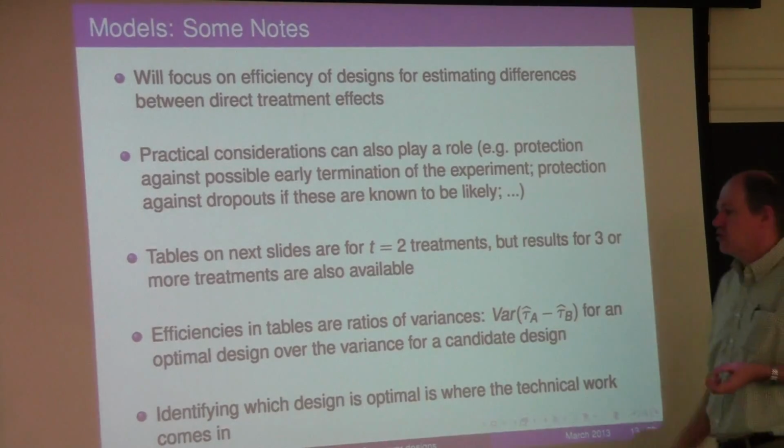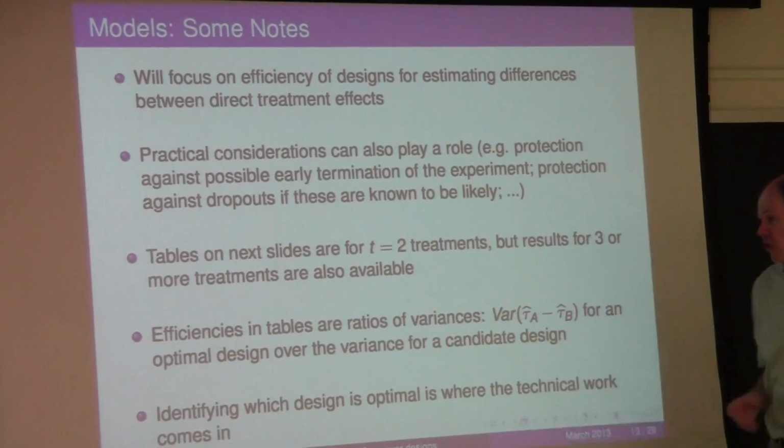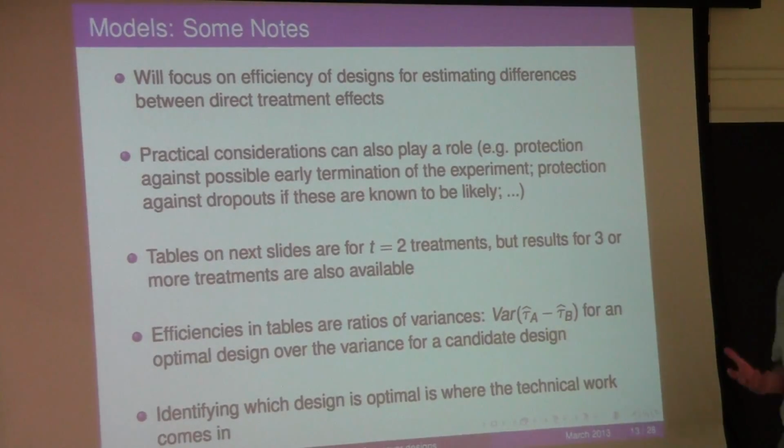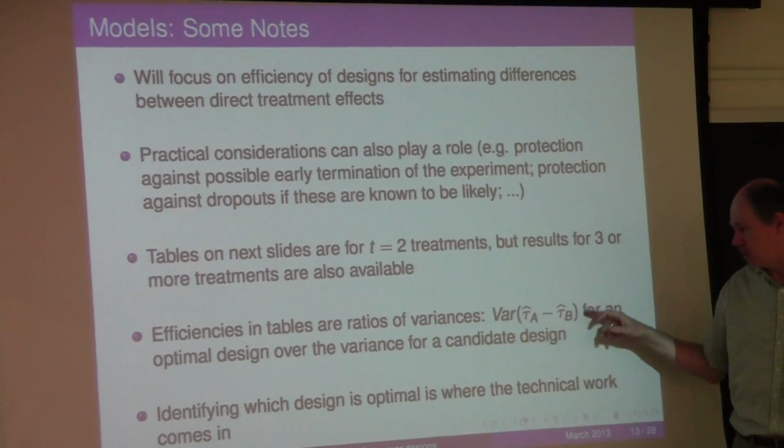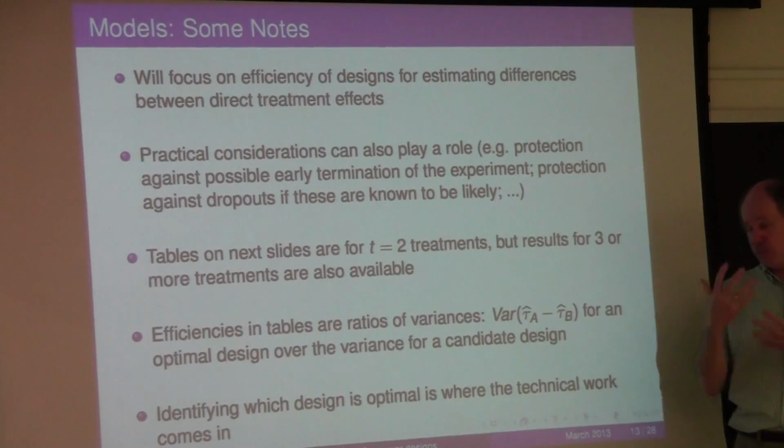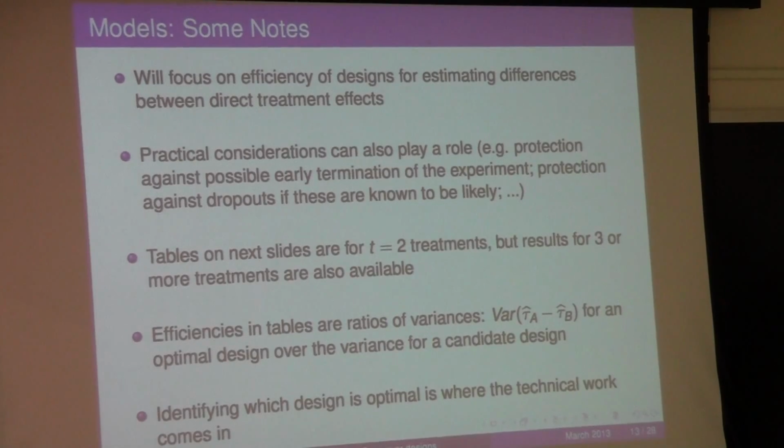And these efficiencies are computed as ratios of the variances, the variance expression for the optimal design, compared to a similar variance expression, but now for the design that's being considered in the table. Is this a reasonable design or not a reasonable design? So the efficiency is simply ratios of two such variances. One for the optimal design, one for the design under consideration.